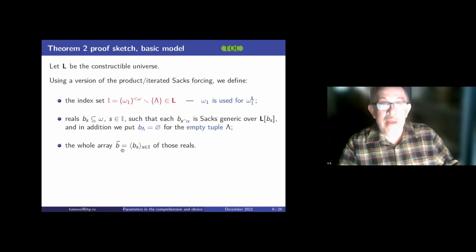Now the whole array of these reals, vector b, and the generic extension by this array, I call it the basic model.